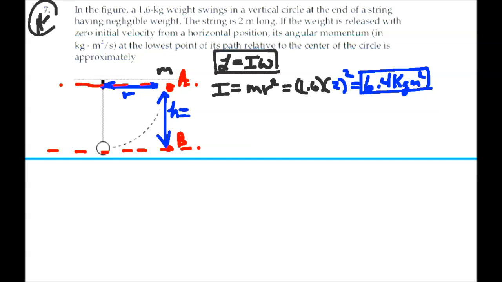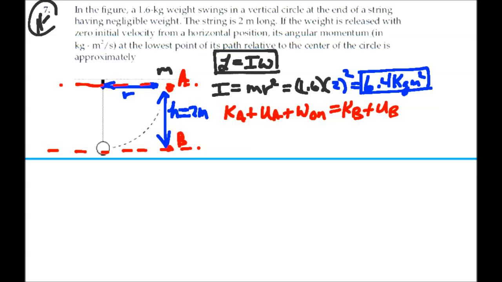So the height's going to be equal to 2 meters. And as we compare these 2 points using the one equation to rule them all, we have that the kinetic energy at A plus potential energy at A plus any work done along the way will equal the kinetic energy at B plus the potential energy at B.